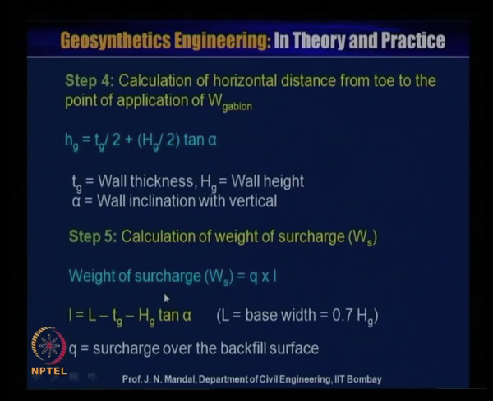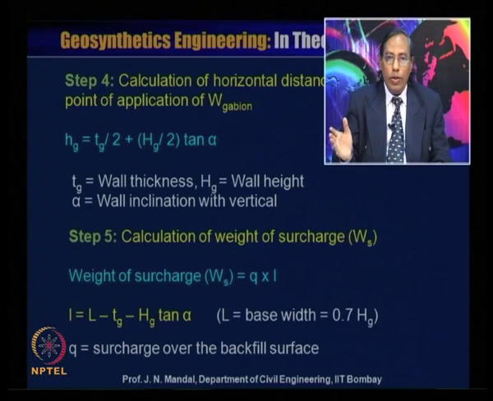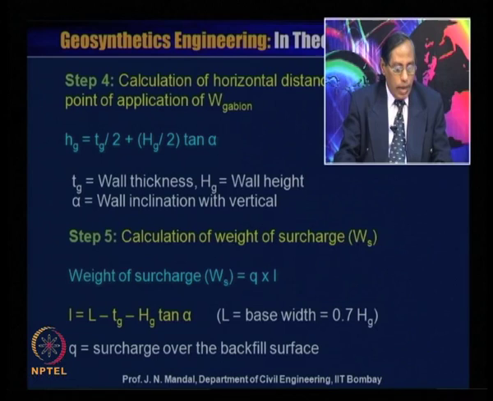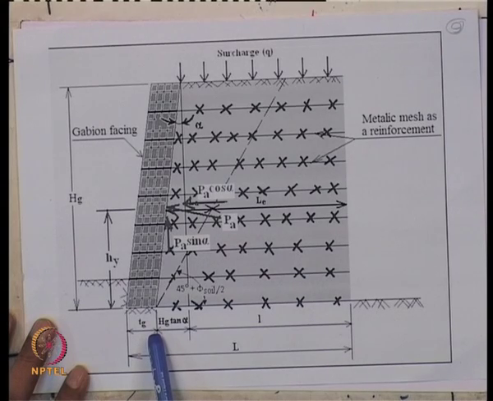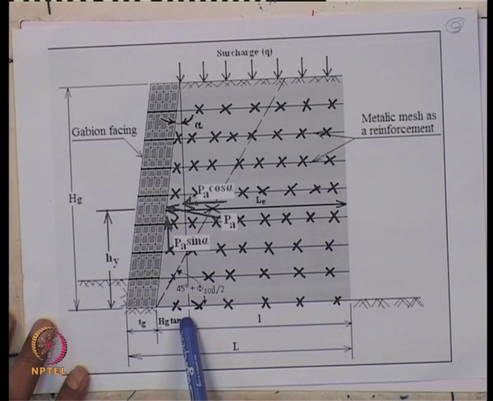Step 4, calculation of horizontal distance from the toe to the point of application of W gabion. So here again you can see what should be the Xg.